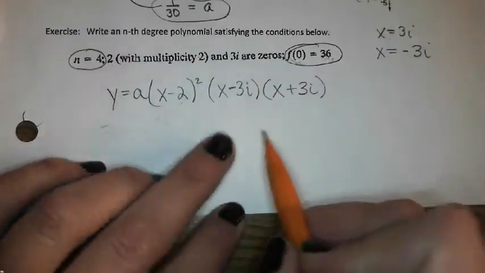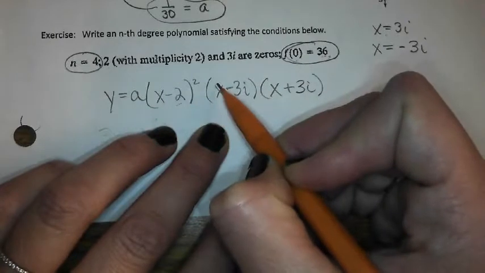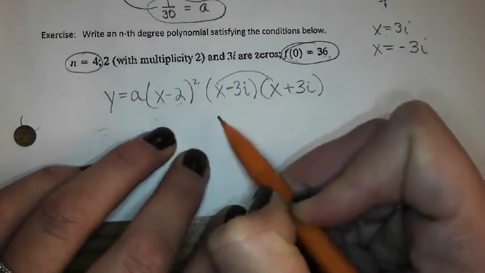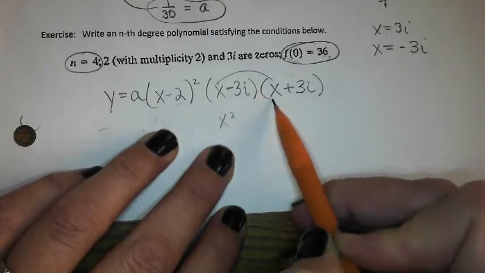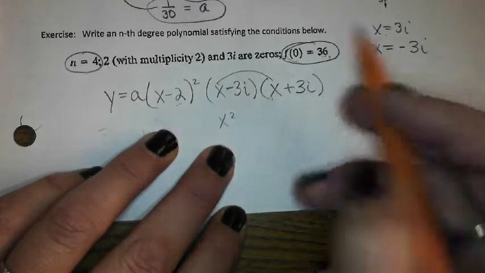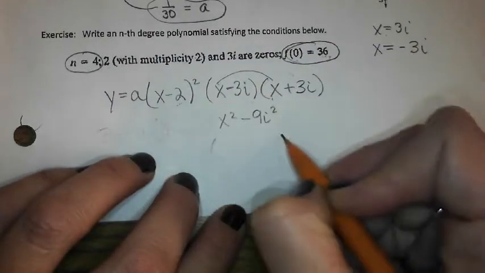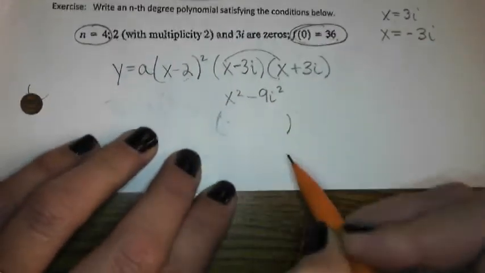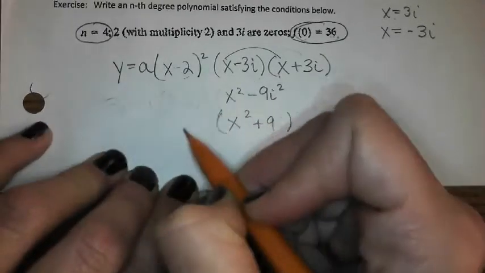Can we FOIL the imaginaries out first before plugging the point? These are conjugates, so it's x squared. Your outer plus 3ix and your inner negative 3ix are going to cancel, and I'm going to get minus 9i squared, which is going to turn into what? X squared plus 9. Very good.